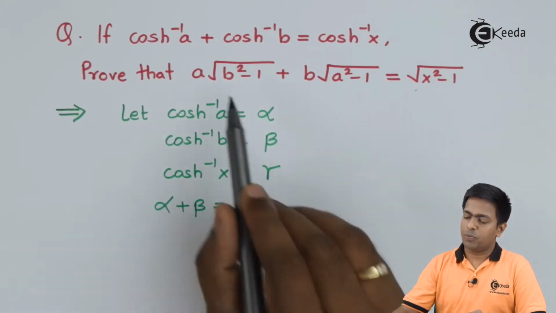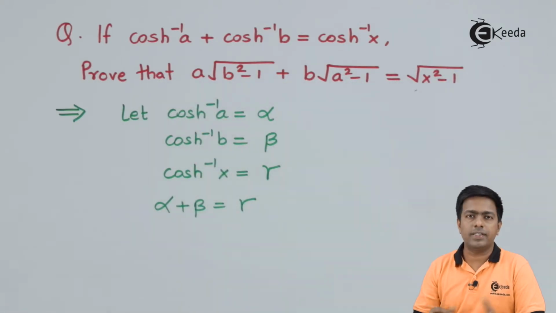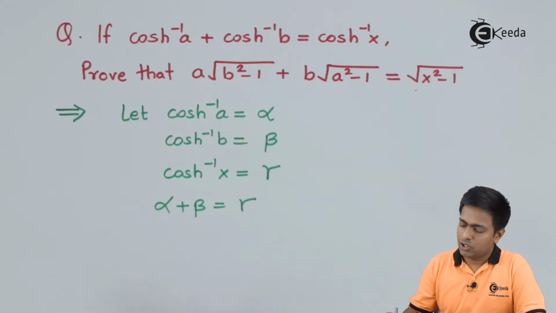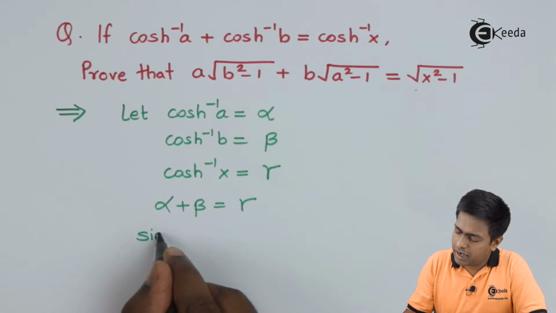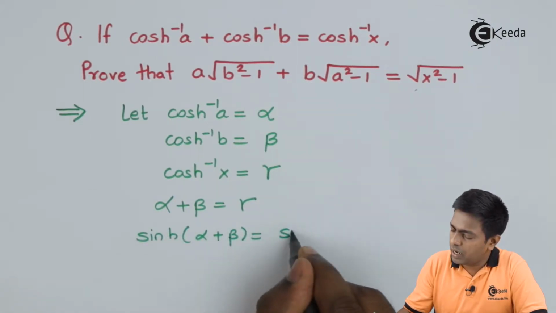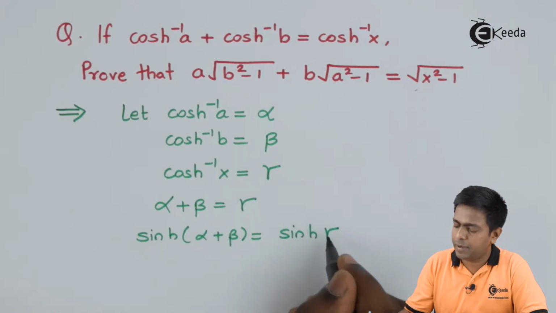Now to prove this result, we'll take hyperbolic sign on both sides of this result. So by doing that, here we'll get hyperbolic sign of alpha plus beta equal to hyperbolic sign of gamma.